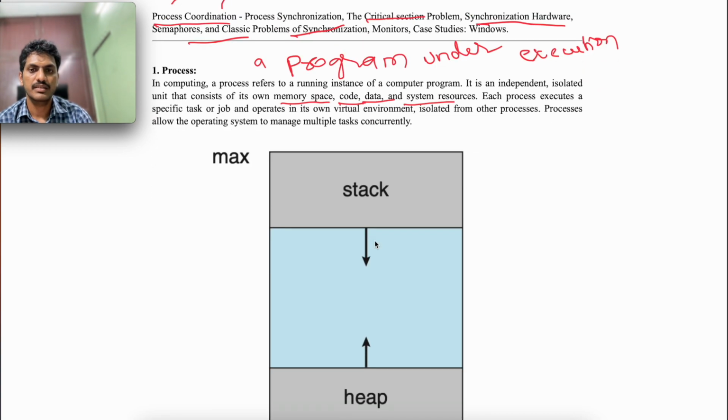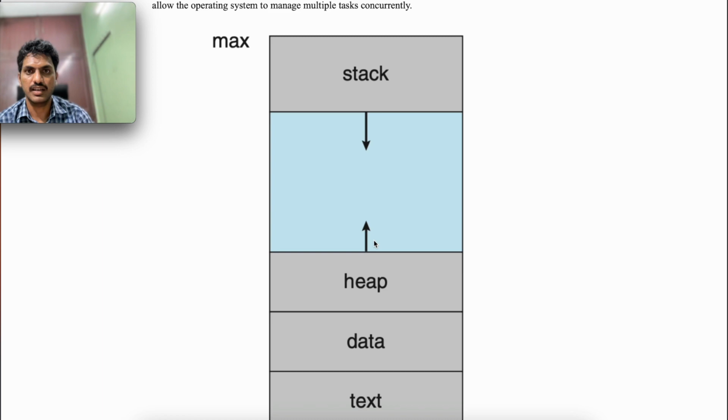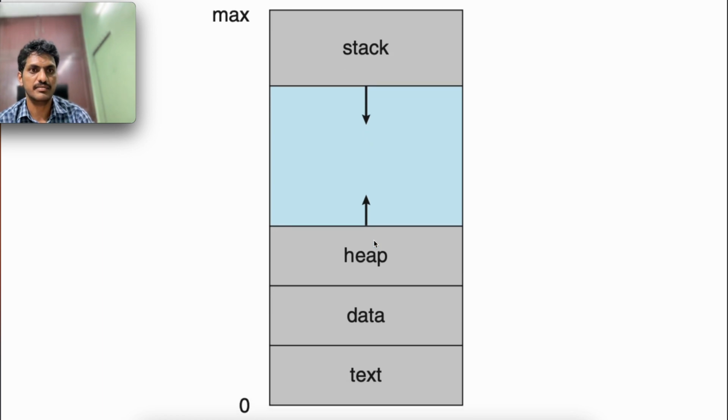See the layout of the process in the system. This is the layout of process. What all are things here? 0 is the low level and max is the highest level. This is the size and some stack, memory, heap, and data, and some text also.